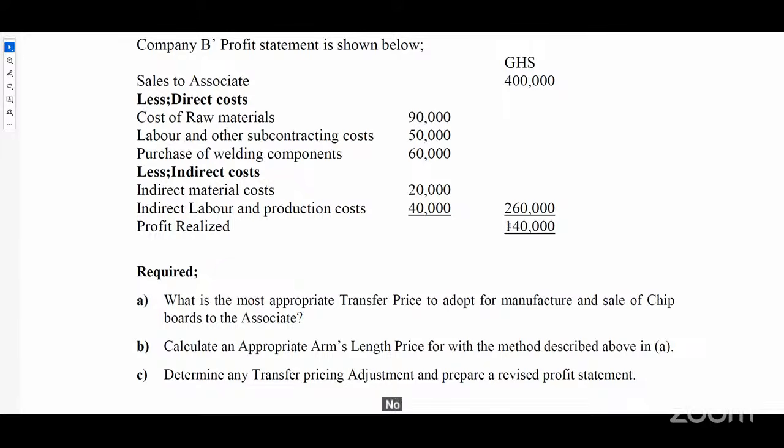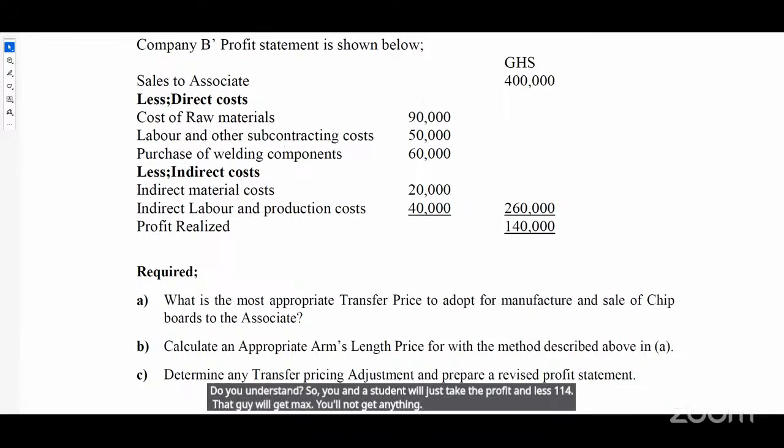No. Without the adjustment, you don't get anything. That's the funny thing. You wouldn't get 6? No, there are no ticks for it. It's the adjustment they actually want to see in the revised profit statement. Do you understand? So a student who just takes the profit and less 114, that student will get marks. You'll not get anything.